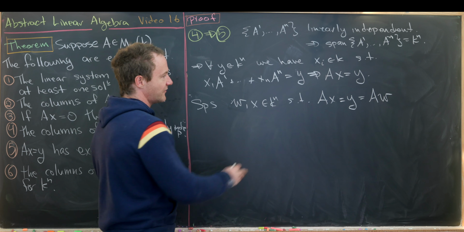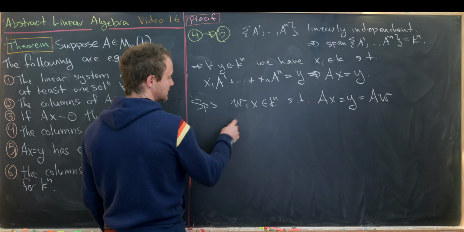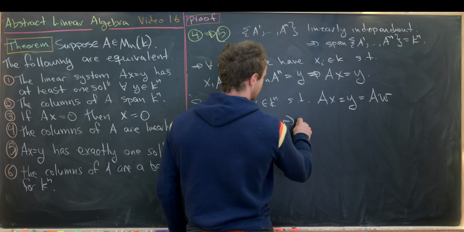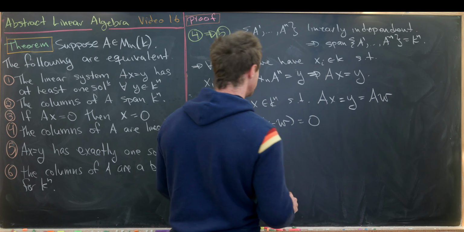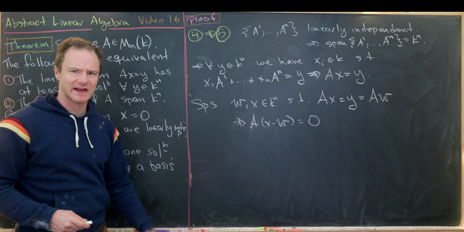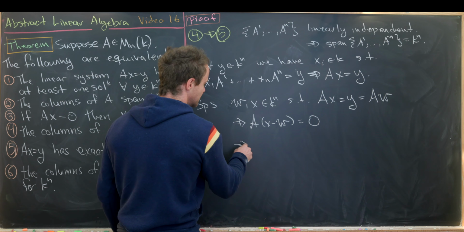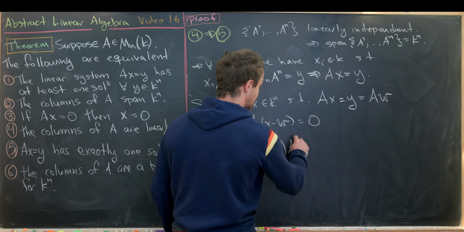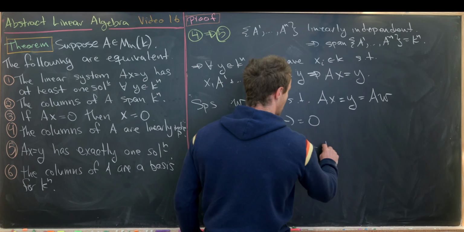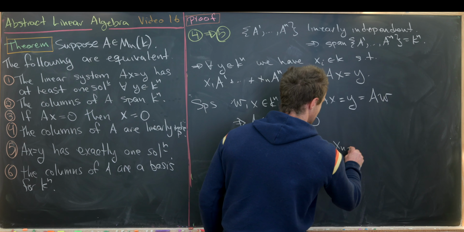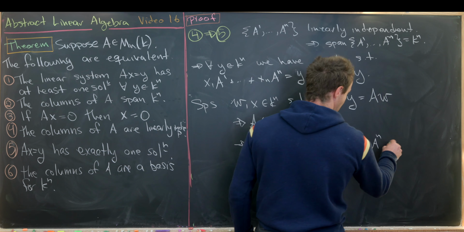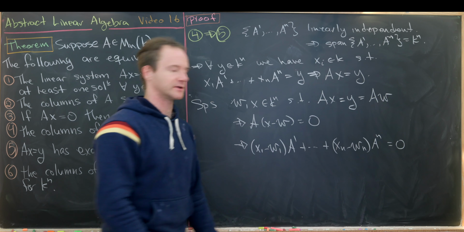Now if Ax equals y and y is equal to Aw, that tells me that A times x minus w equals 0. Now we're going to expand this back in terms of sums of columns. So that means that x1 minus w1 times the first column all the way up to xn minus wn times the nth column equals the 0 vector.